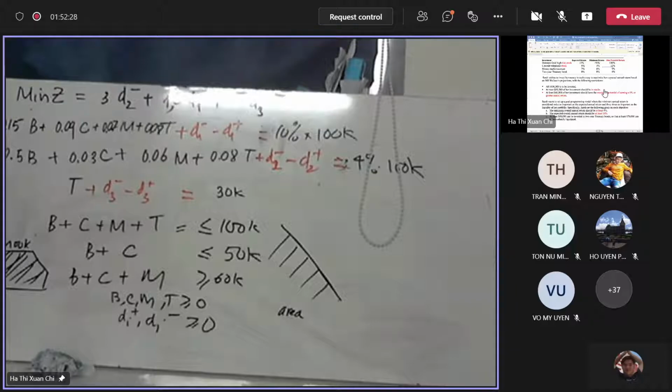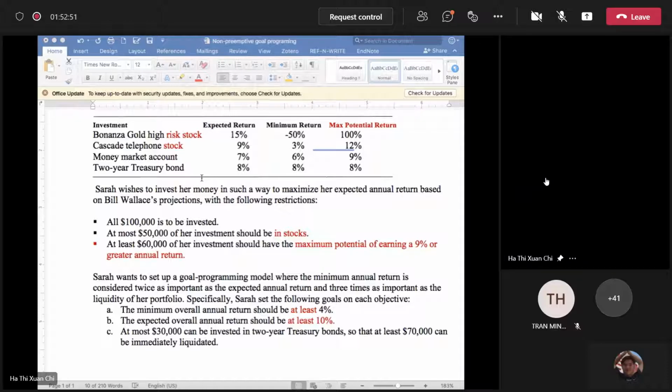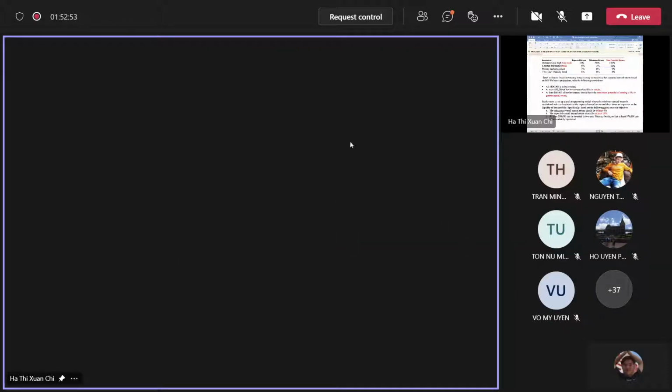So from the model here, for the procedure of de novo programming, that is step 2. The second step is we can find the aspiration level Z by solving each objective function separately.